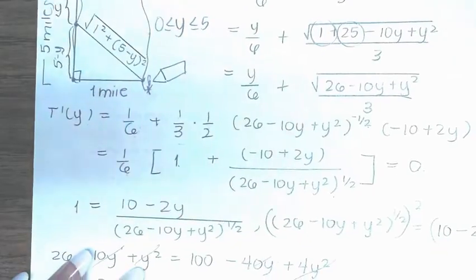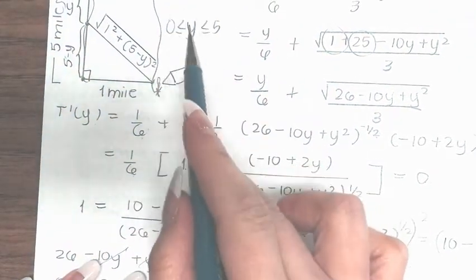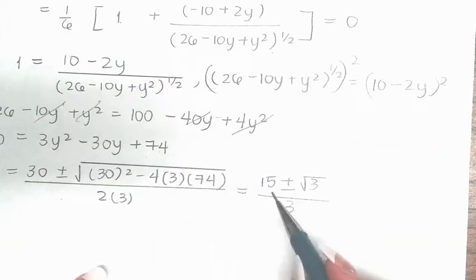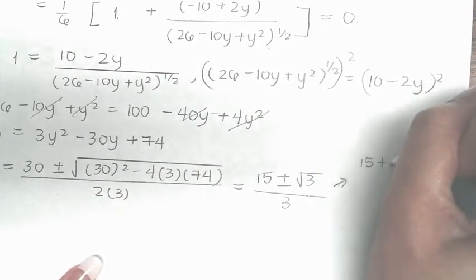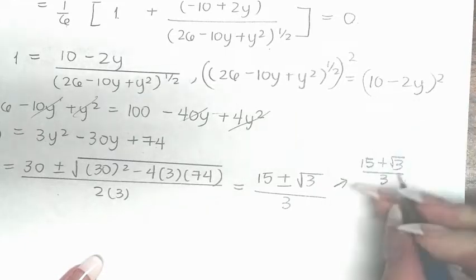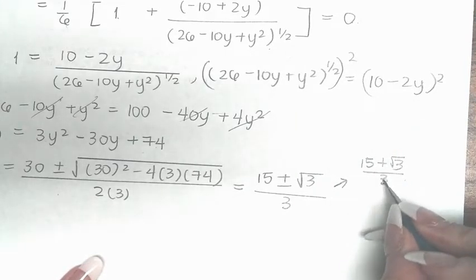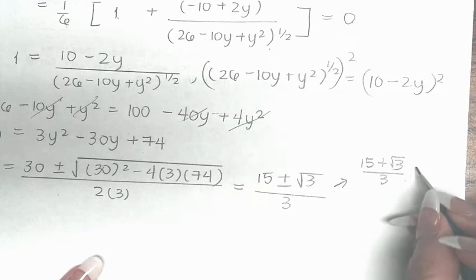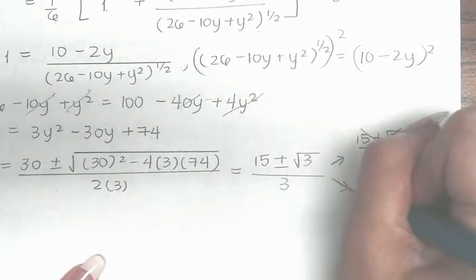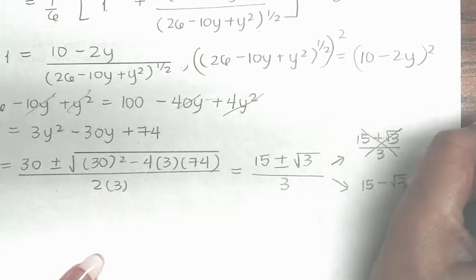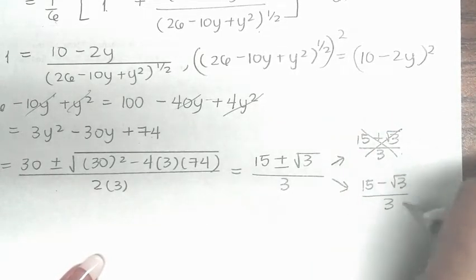So we have this closed interval. Pretty much 15 plus root 3 divided by 3 is above 5, because 15 divided by 3 is 5, plus root 3 divided by 3, that's over my interval. So the only critical number that works for this problem is going to be this one.